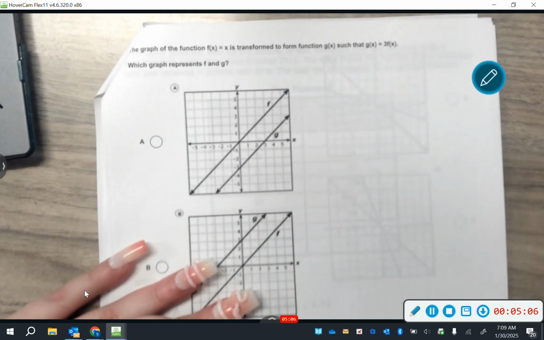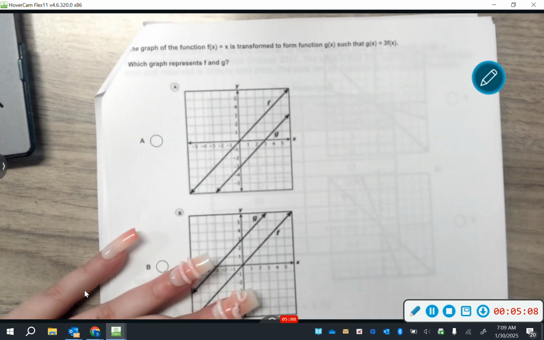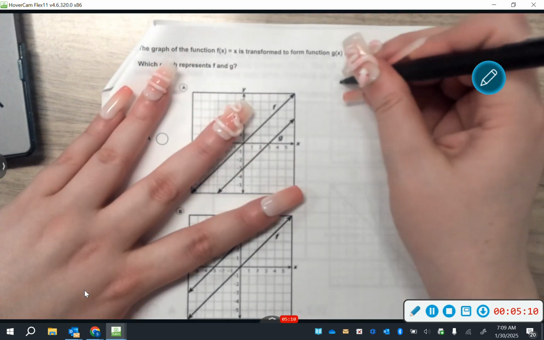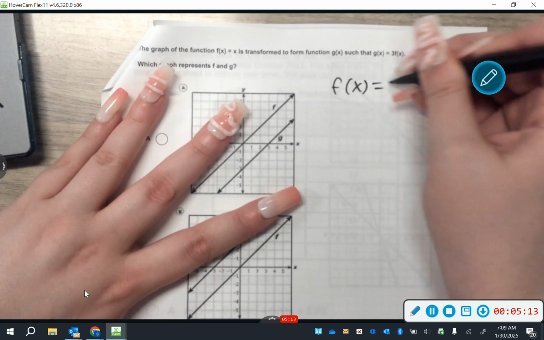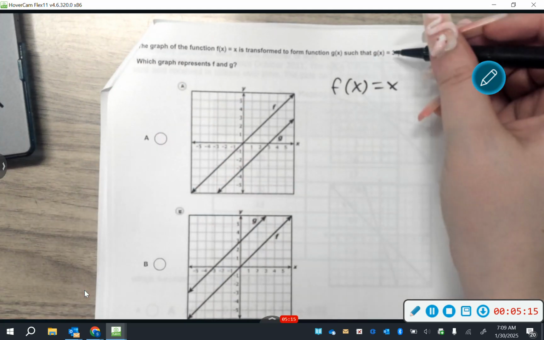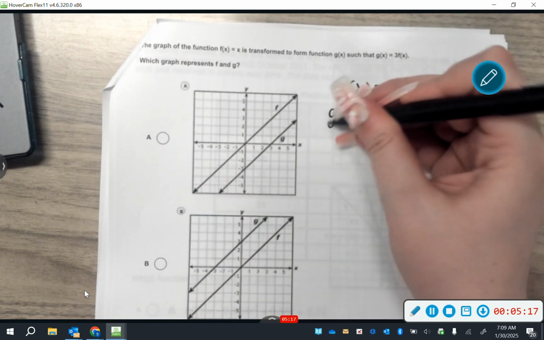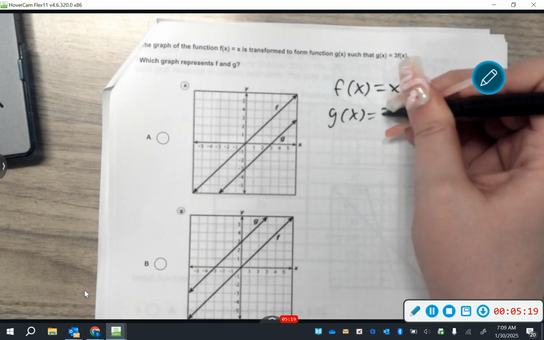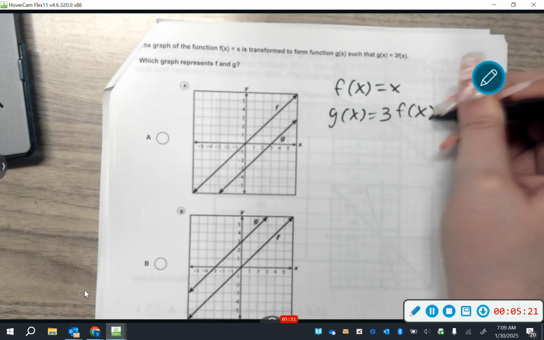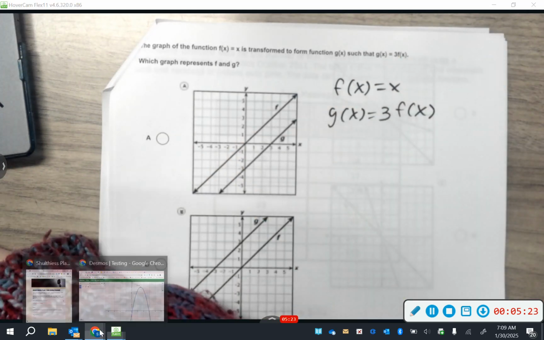Okay. The graph of the function f of x equals x is transformed to form function g of x such that g of x equals 3 f of x. So I'm going to go ahead and plug that in so I can take a look at them.